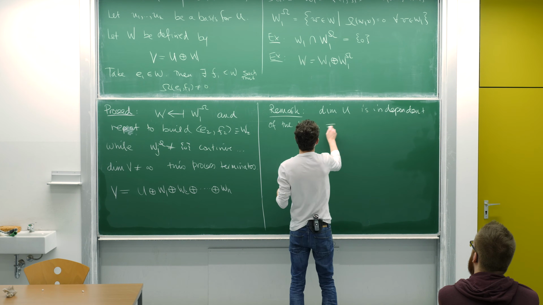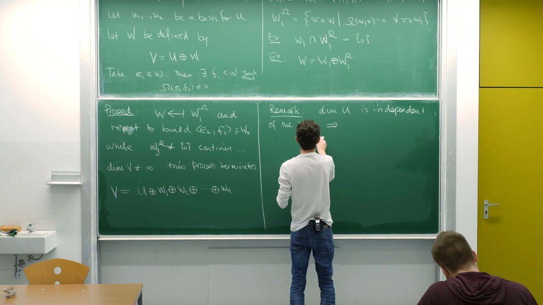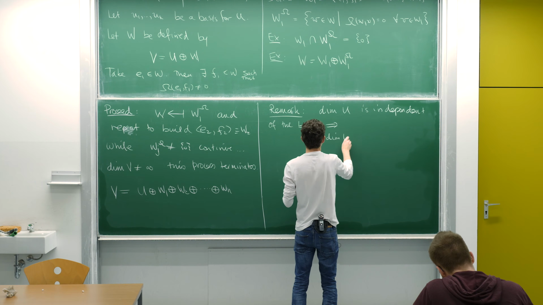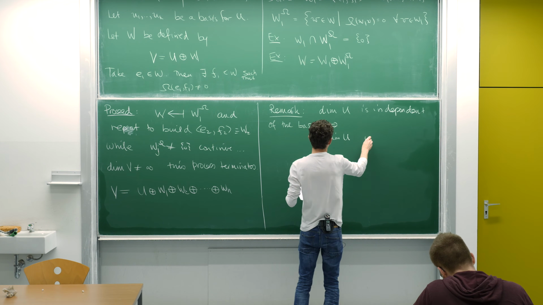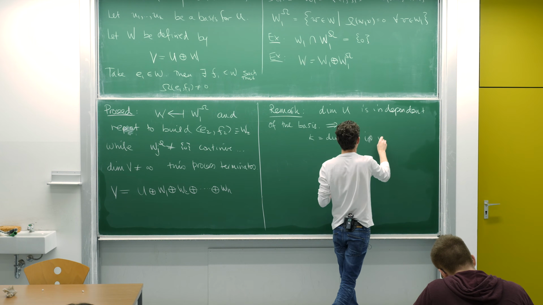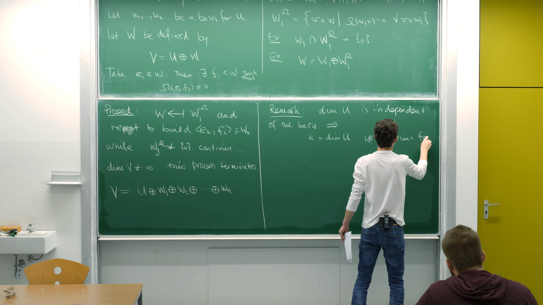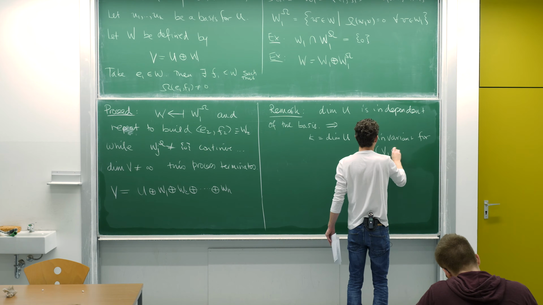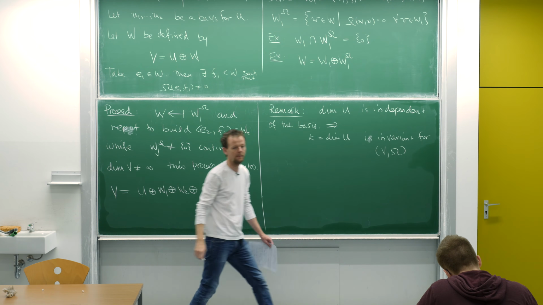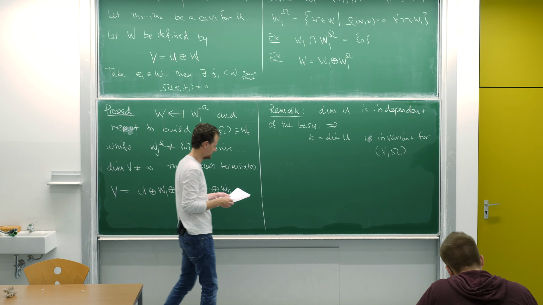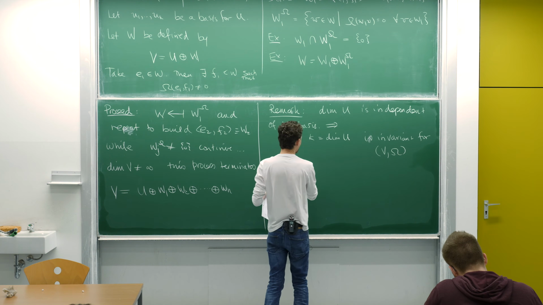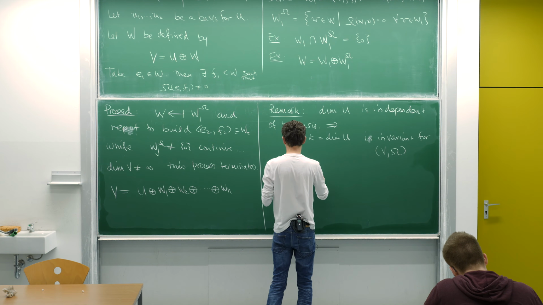And what does that imply? Well, that implies that K, which is the dimension of U, is invariant, right? I just said it. For this pair of a vector space and a skew symmetric bilinear map. But that also tells us something about N, right? Because dim V is also an invariant of a vector space.